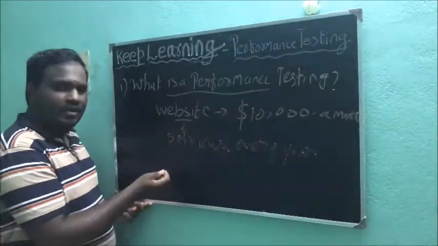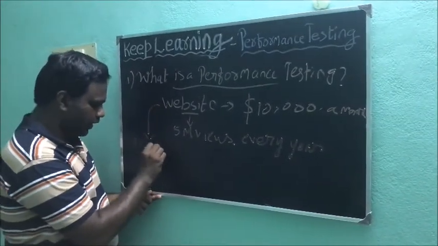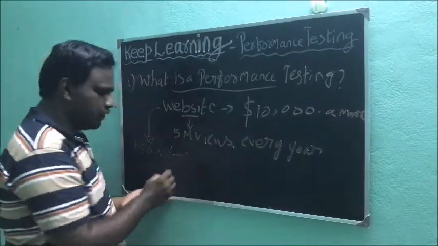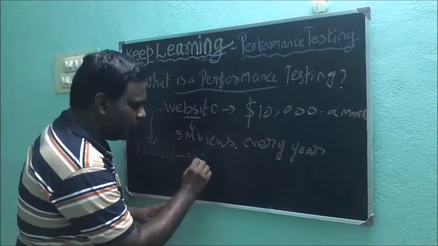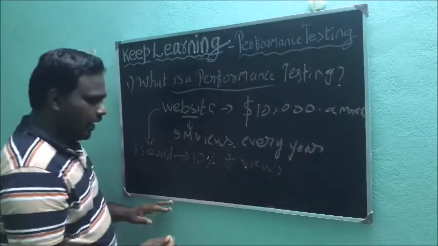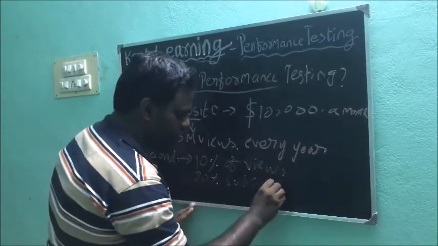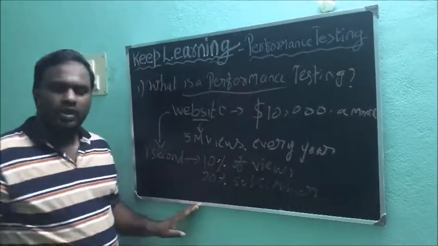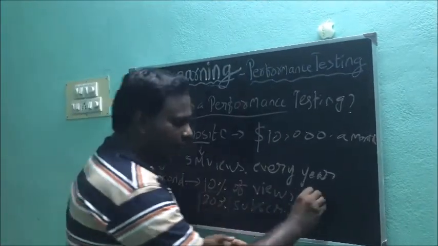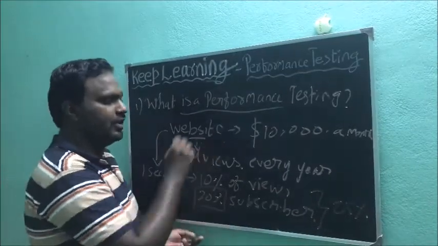Now, what was observed is that this website was slowed down for a second. This 1 second slowdown eventually decreased its views by around 10% and its subscribers by 20%. So on average, 20 to 25% of the business was lost in this website company.